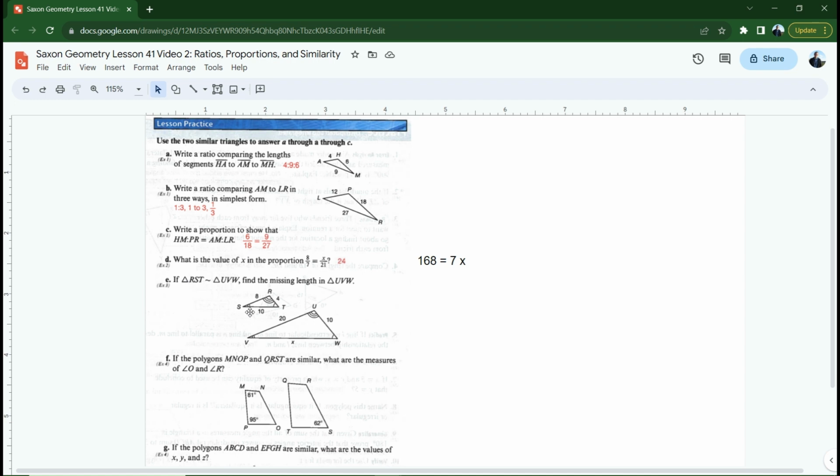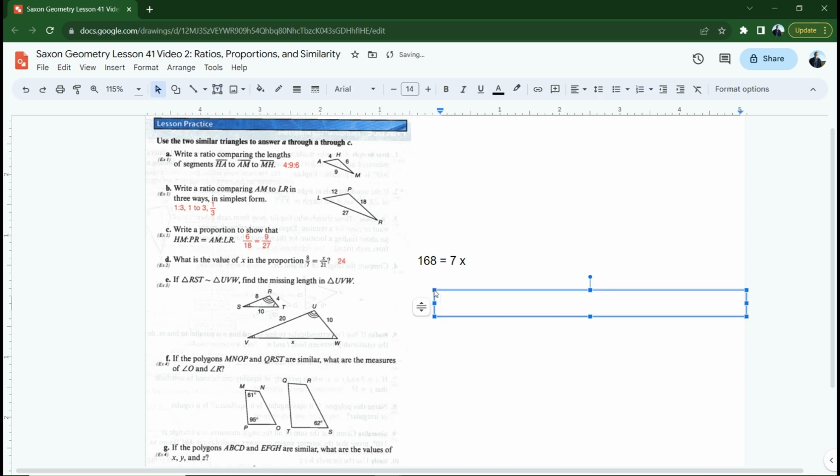3 left. If triangle RST is similar to triangle UVW, find the missing length in UVW. Well, here's what I'm going to do. I'm going to set up a similarity statement for two of my sides, and then I'm going to do the same thing, but with the side that is unknown.